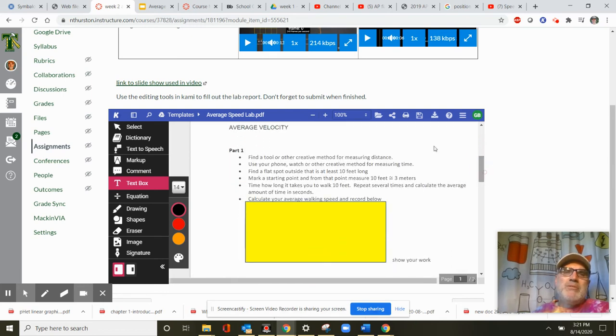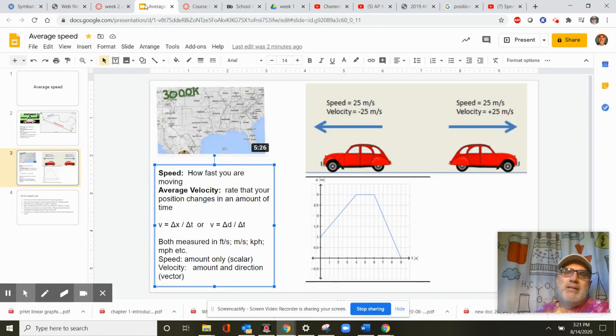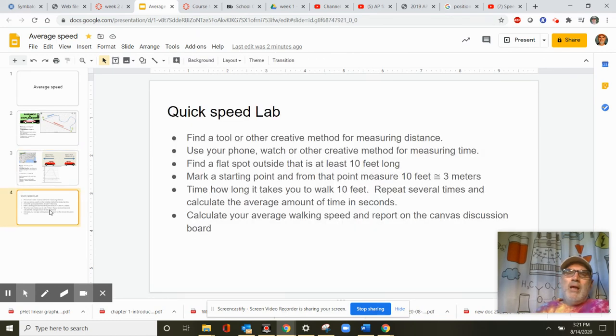And then what you're going to do is find some sort of measuring tool or other creative method for measuring distance. So you might have a tape measure, you might have a ruler, you might just use your feet, and you could use some sort of phone or watch or something else for measuring time, or just count battleships, 1 battleship, 2 battleship. Find a flat spot that's 10 feet long, try to get as close to 10 feet as possible, time how long it takes you to walk 10 feet, and repeat that.